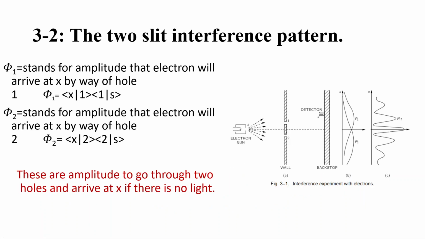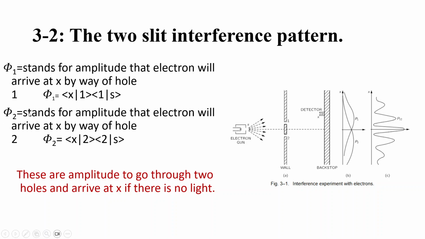Now the two slit interference pattern. Here phi1 stands for the amplitude that the electron will arrive at x by way of hole 1. So for hole 1, we have an amplitude in terms of phi1, which you can see. We are going to read it from right to left. The particle goes from source to hole 1, then hole 1 to x.